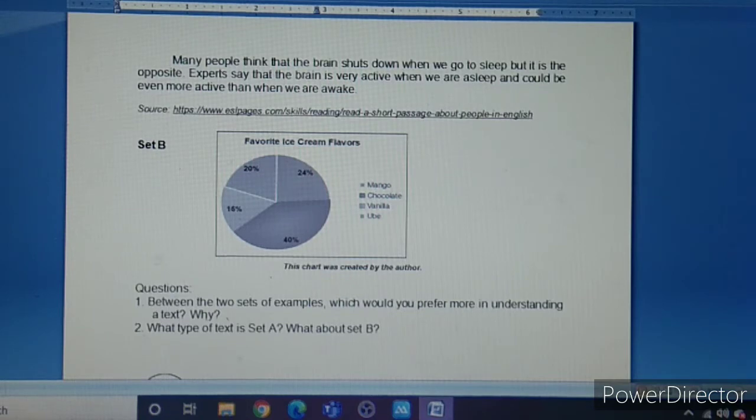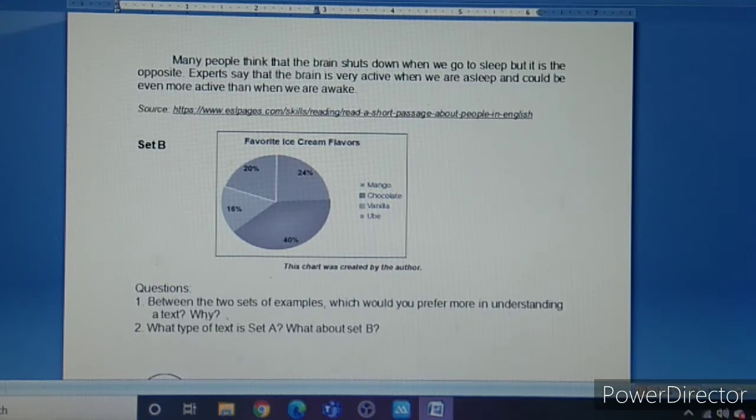Unlike set A, which is the literary text, for you students, it would be very difficult to understand or comprehend the text. It is because there are difficult words found in set A, and you have to have your dictionary so that you can have the meaning of those difficult words. So for me personally, I would prefer to use set B.